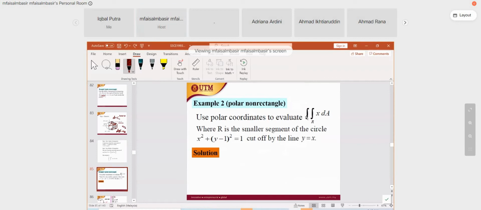Okay. Use polar coordinates to evaluate this, where R is a smaller segment of a circle cut off by the line. If I draw this, this is the center 0.